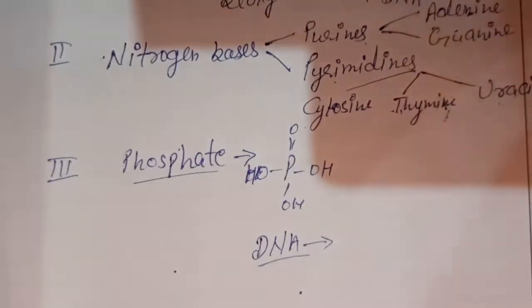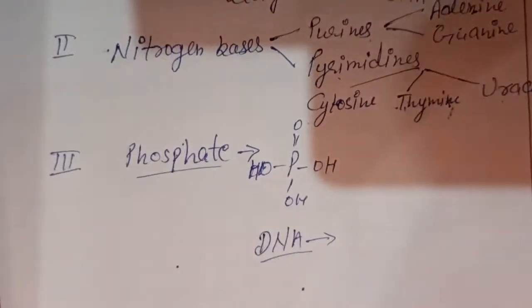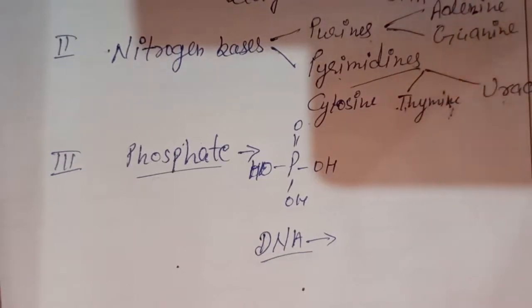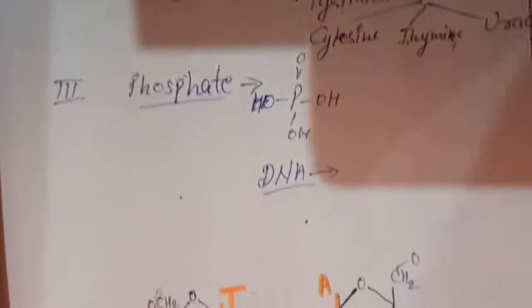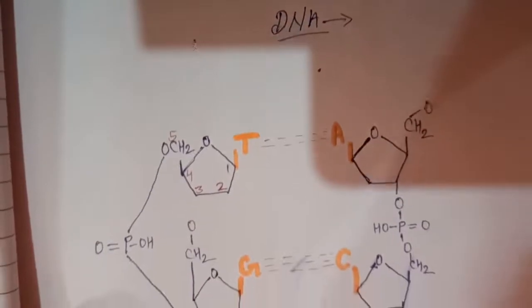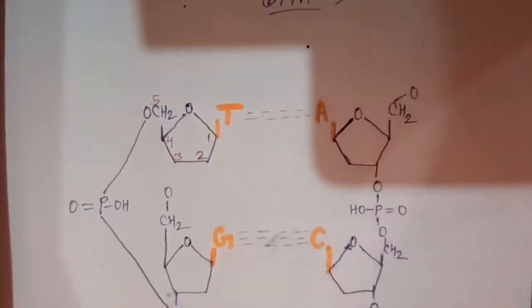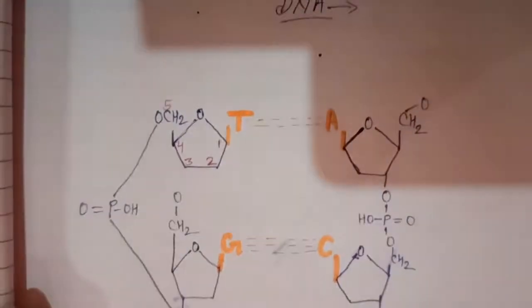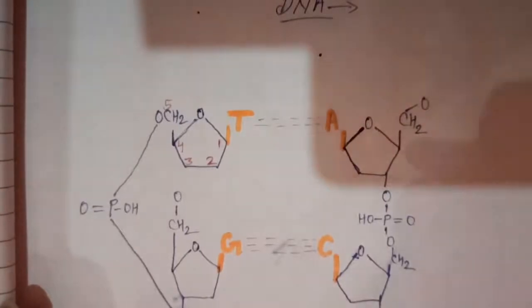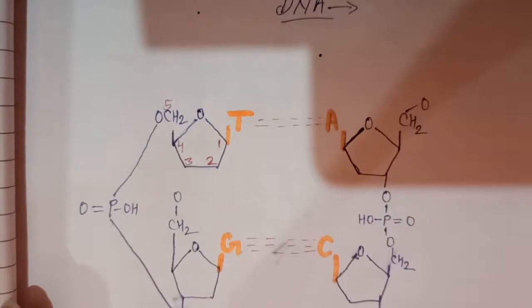Okay, then let's understand how the two polynucleotide chains make a DNA. So we can understand it by this, like here you will get to know how the bonds are formed between these components and how the nucleic acid DNA will be formed from a polynucleotide chain.